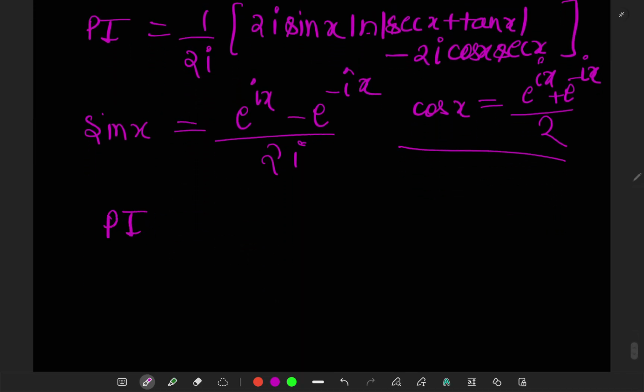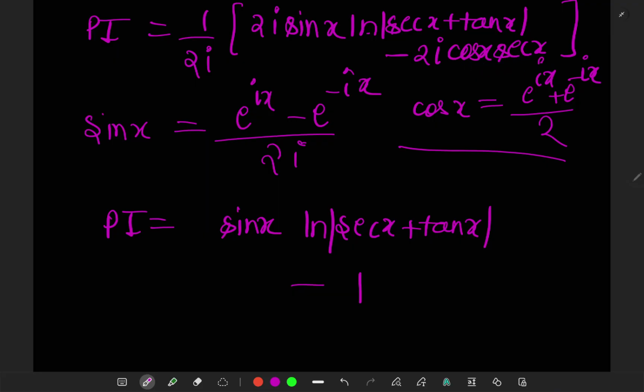Now particular integral is equal to sin x ln sec x plus tan x minus 1.